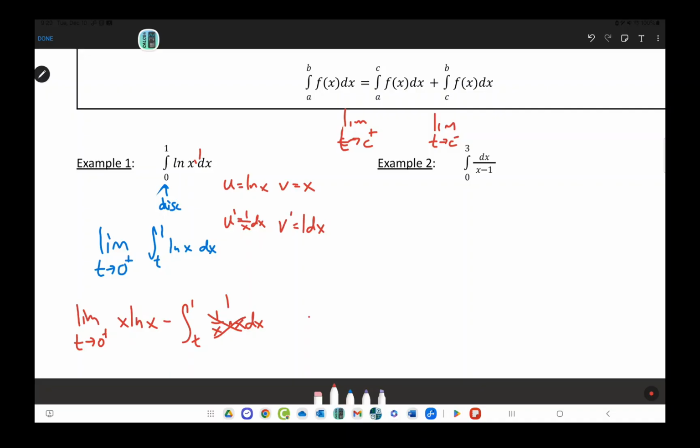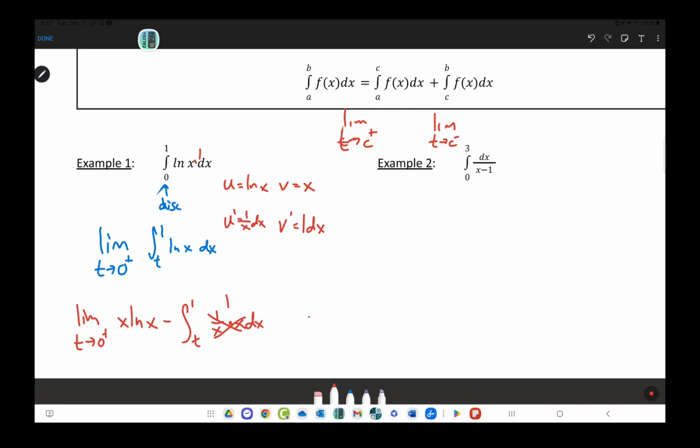So if the bound that was causing the discontinuity was the upper bound, we would approach in the negative direction. Now, there's one thing I'm missing here. We actually have not done integration by parts with definite integration, have we? No, I haven't.